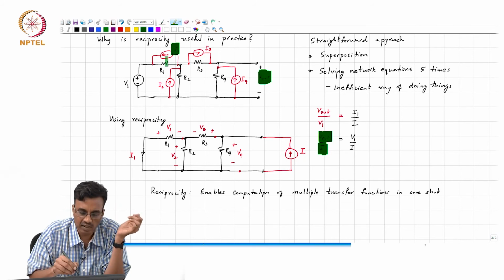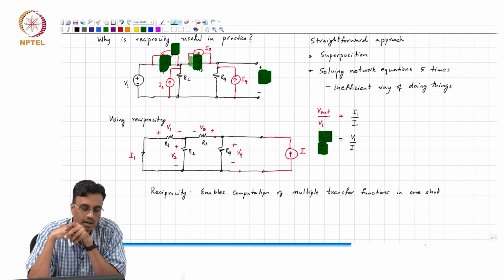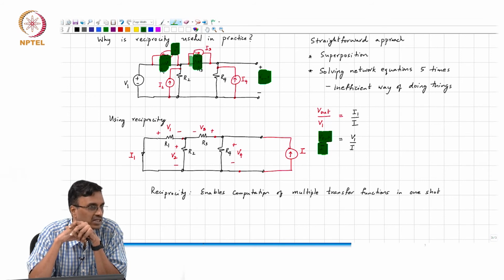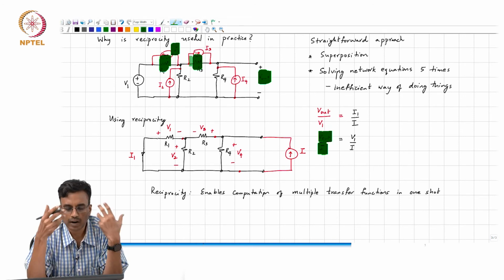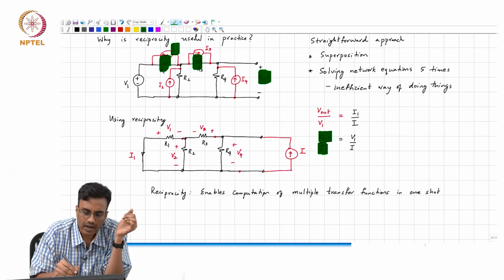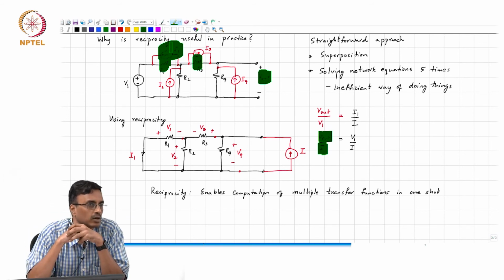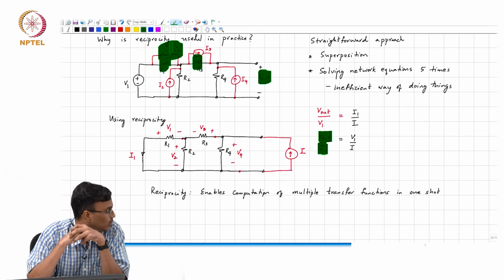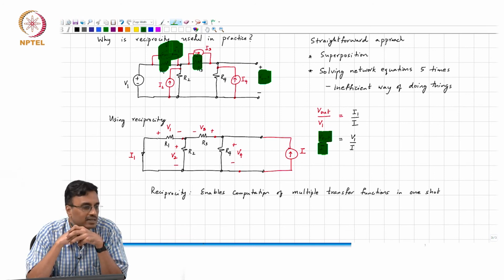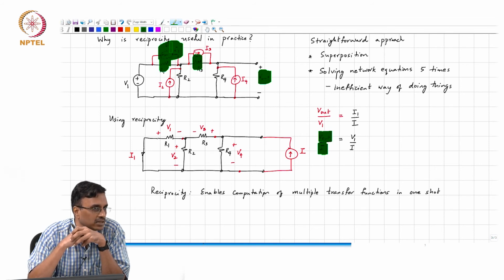For instance, each of these resistors will add noise, which can be modeled by either a voltage source in series or by a current source in parallel with the resistor. And if you want to figure out how much noise there is at the output of a network, you need to find the transfer function from each of these sources to the output. Okay. So, this is the practical scenario where you need to compute several hundreds of transfer functions.